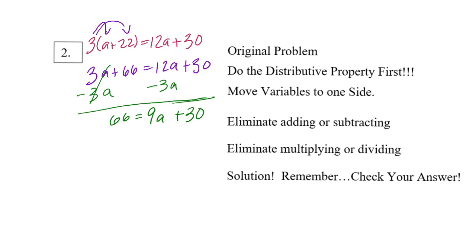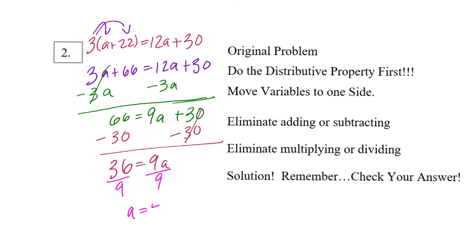Eliminate adding or subtracting. I'm going to minus the 30 on both sides. I get 36 equals 9a. Then I need to eliminate multiplying or dividing. Divide by 9. a equals 4. So let's check that and see if it works. 3 times (4 plus 22) equals 12 times 4 plus 30.